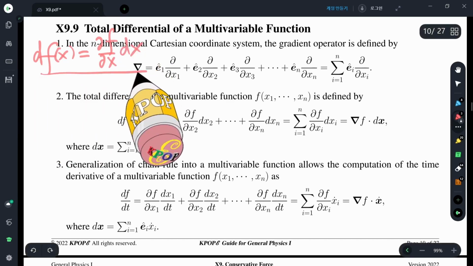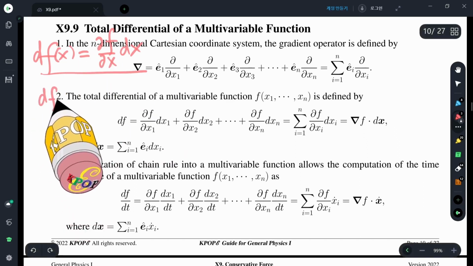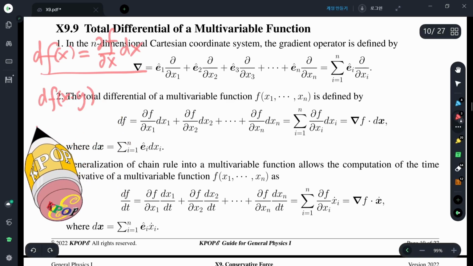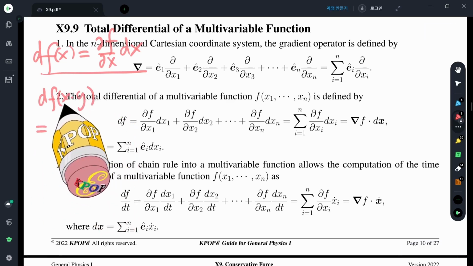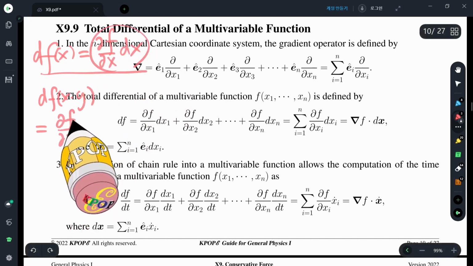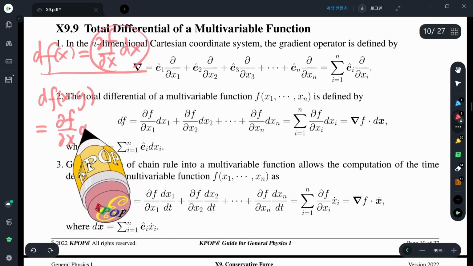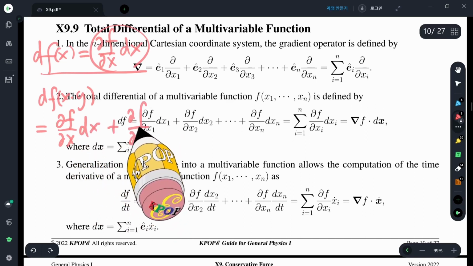This is the variation, the total differential of a single variable function. For f of x and y, it varies depending on x and y independently. So just copy this one for the single variable x, and the other contribution is from y.